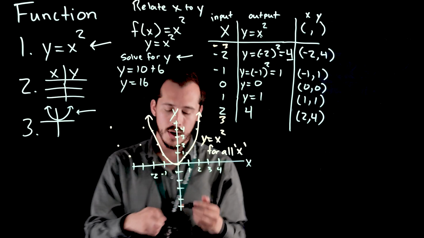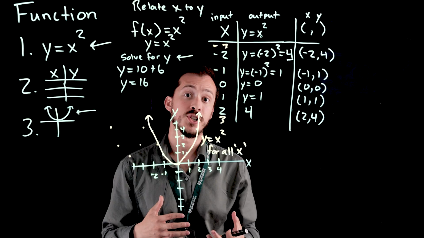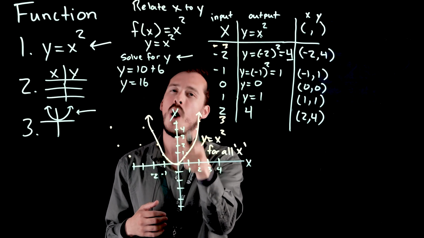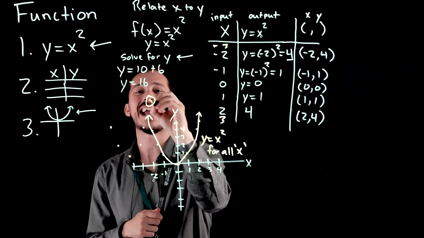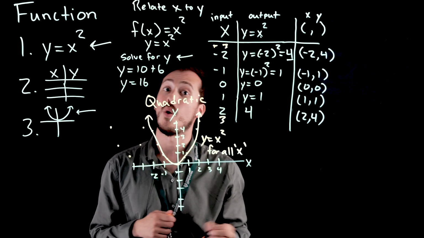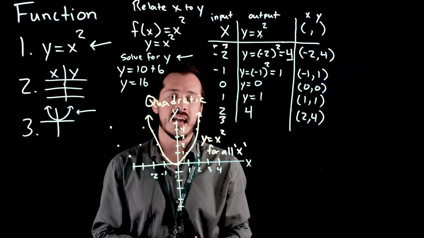So this is really important to understand because later on in the class, what we are going to be doing is trying to take some information from a quadratic graph like this. I didn't mention this word earlier, but this is technically a quadratic equation and a quadratic function. In another video, we can get more into detail on that.